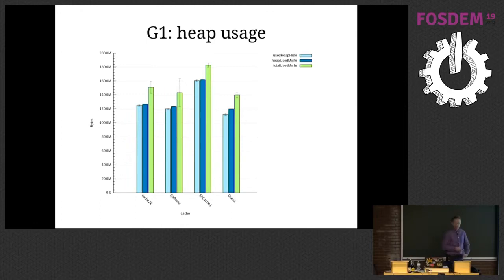So let's take a look at the G1 garbage collector. Here, the result of the histogram is more consistent with what the VM is reporting via the management extensions. It's pretty much on the same level.